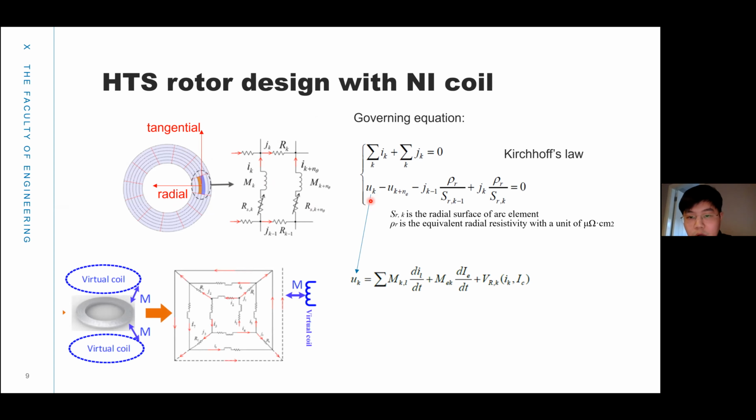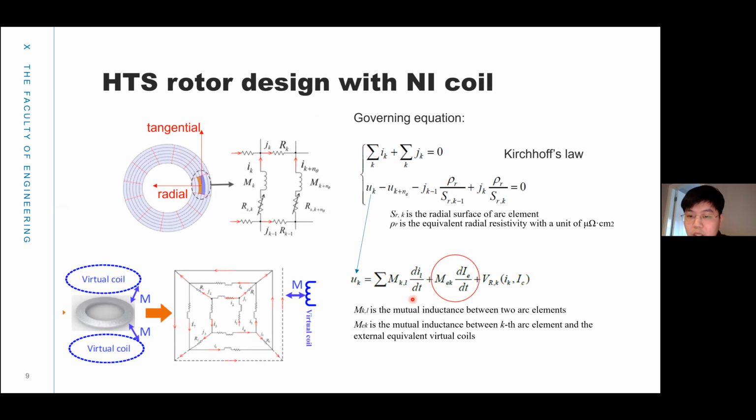In order to calculate the voltage, we introduce another virtual coil outside in this model, and the voltage can be calculated using this equation. Here is the mutual inductance between each arc element and the external equivalent virtual coils. We have also added a copper coil in the model to generate a background magnetic field, and here is the new mutual inductance in the model.